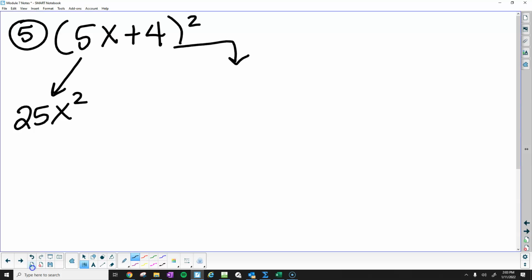That last piece is 4 times 4. And then this middle piece is going to have a plus sign because there was a plus sign in the problem. And y'all just need to remember what 5 times 4 is and then double it. So 5 times 4 is 20, but you're not writing a 20 up there. What are you writing? Yes. And just don't forget the letter X.